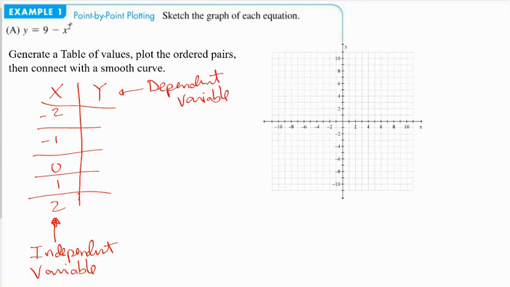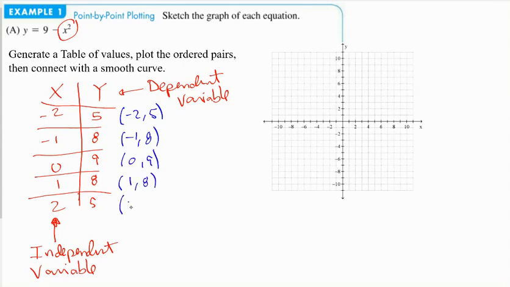So if we plug -2 in for x, -2 squared is 4, 9 minus 4 is 5, and we'll do the same for each value. 9 minus (-1) squared is 8. And now that you have these ordered pairs, (-2, 5), (-1, 8), (0, 9), (1, 8), and (2, 5), we can plot them on the coordinate plane.